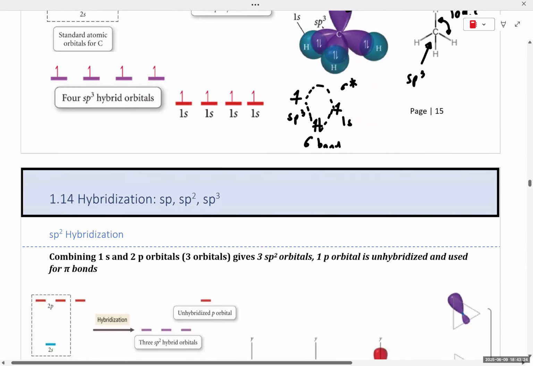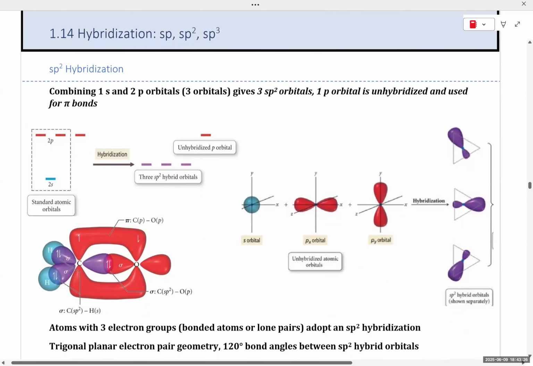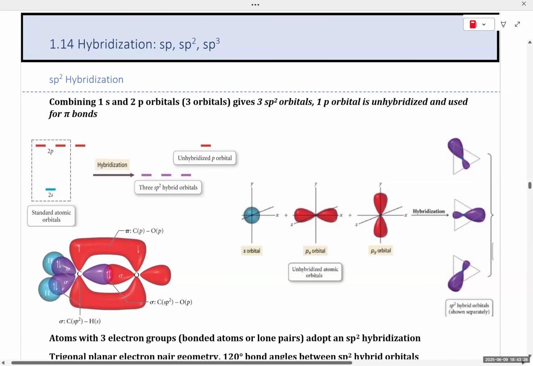Okay, let's take a look now at the sp2 hybridization. Combining an s orbital and two p orbitals, three orbitals in total, yields three sp2 hybrid orbitals. And importantly, one p orbital is unhybridized and can be used to form pi bonds.